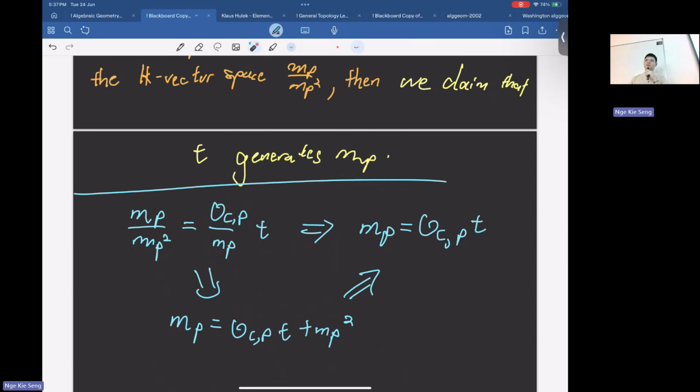Because this is a quotient ring, if you expand it out, MP times T, because T lives in MP, is a thing living in MP squared, so you can push it into MP squared. Then we are left with this arrow here. Is this true or not?